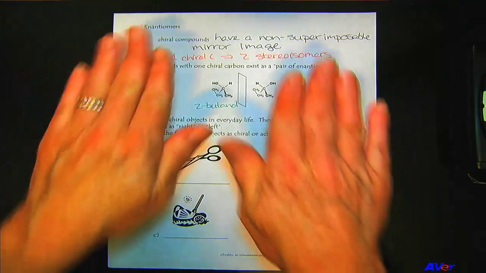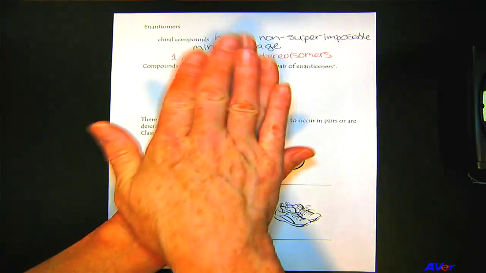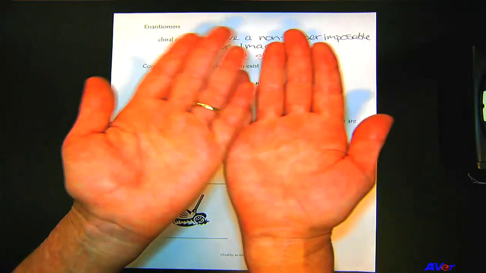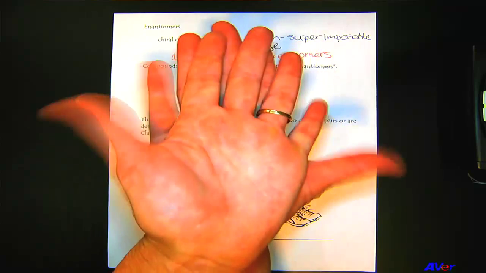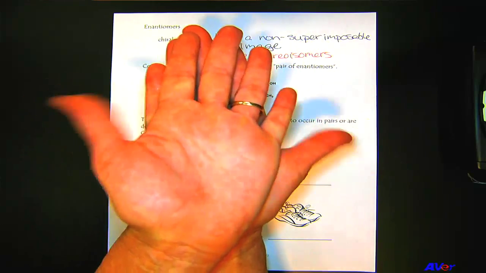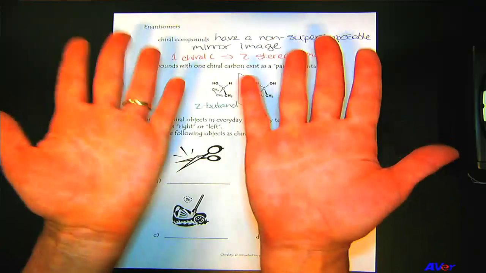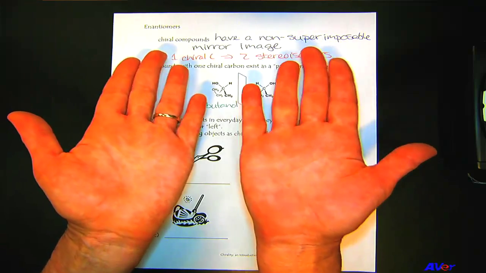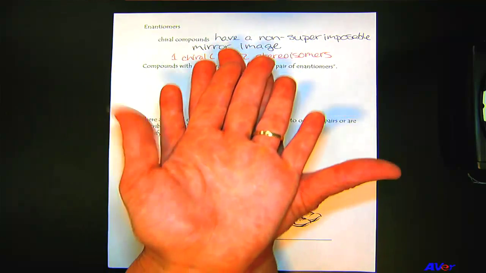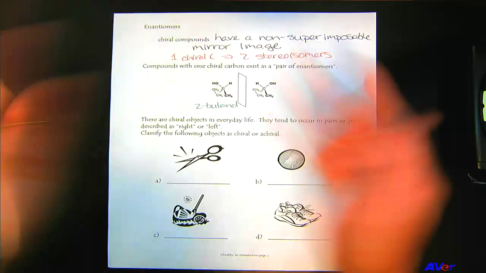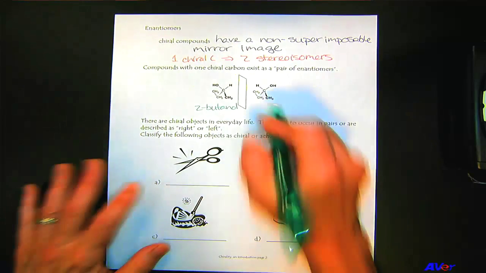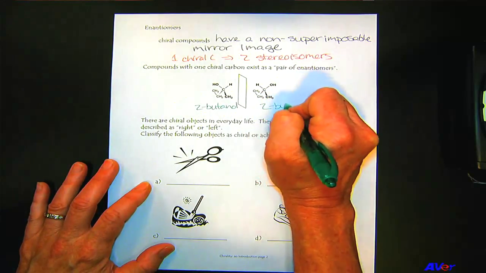If I try to overlap them, there's our thumbs. Our hands are mirror images, but we cannot superimpose them, just like the molecules. So these are both 2-butanol.